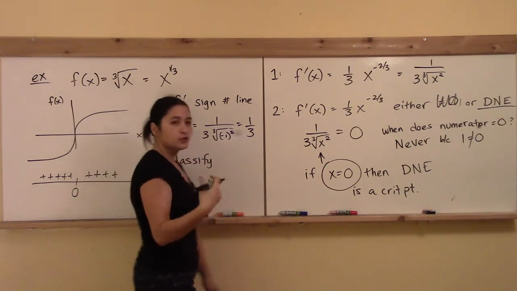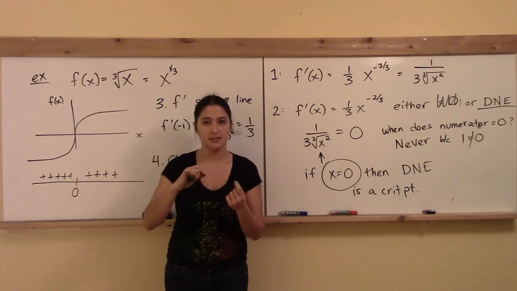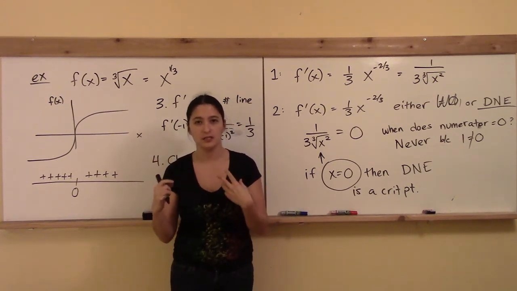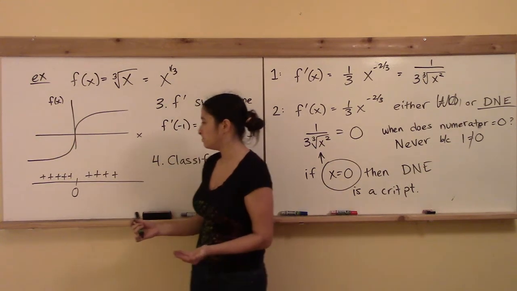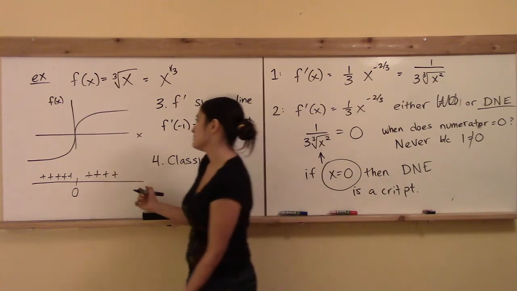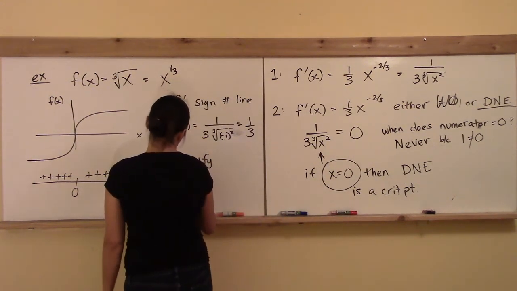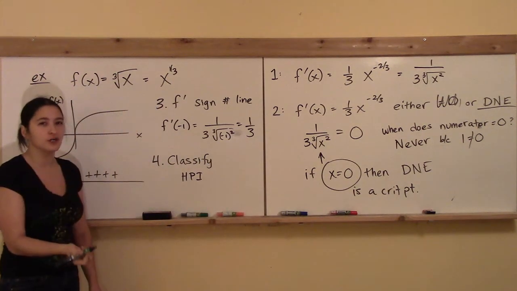Remember that I told you there's 3 possibilities. Either f prime changes from plus to minus, or minus to plus, or third possibility, it doesn't change at all. Looks like it doesn't change at all, right? So usually I would classify this as an HPI. I would take that as an answer, horizontal point of inflection.